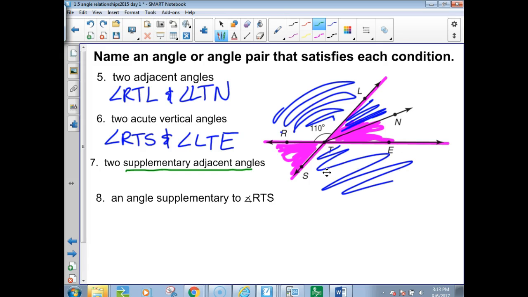I need 2 separate angles pushed together to make a straight line. Murphy? Okay, angle RTS and angle STE. Yes, that is a pair that makes a straight line. You're on the right track, Alyssa, when you said about you're looking to try to make RTE.